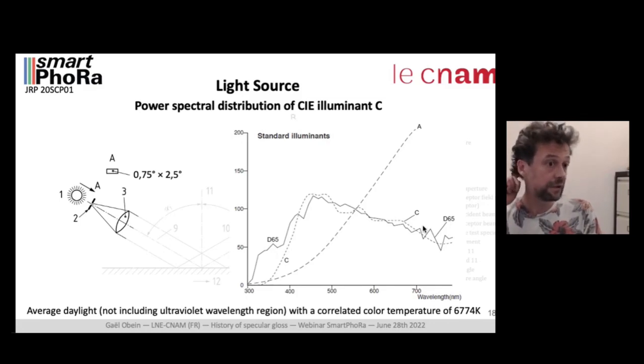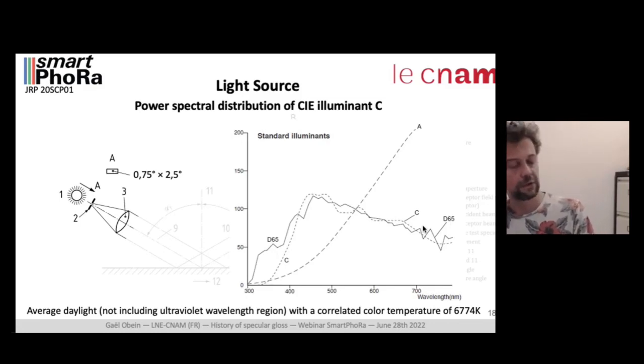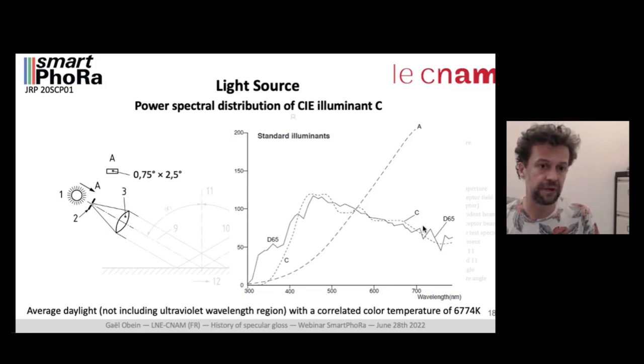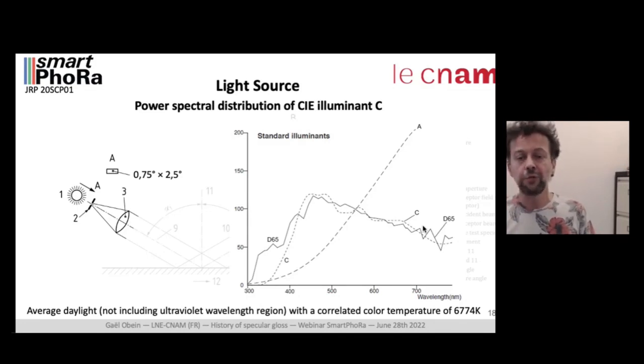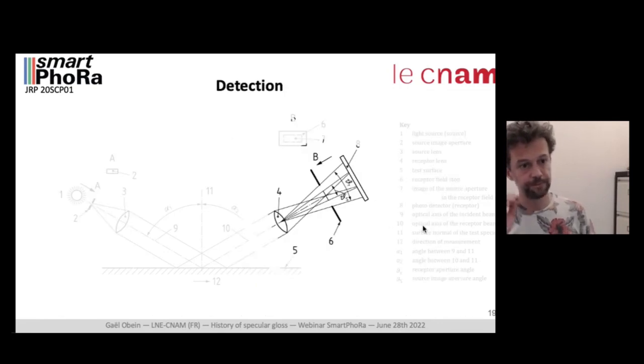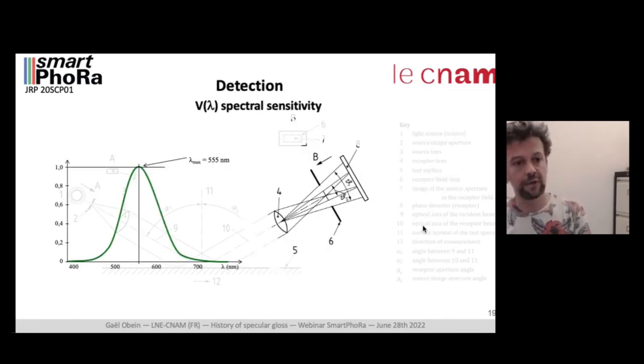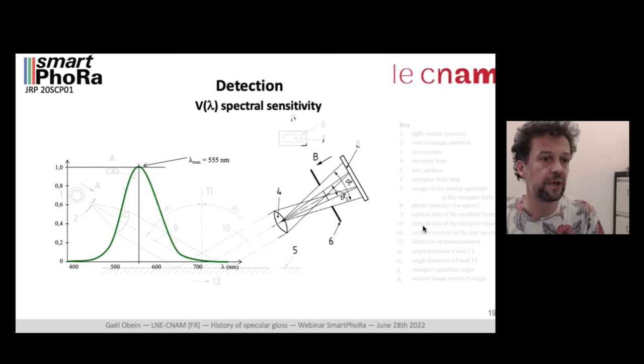And what I noticed is that in commercial instruments, this parameter is not really respected in a lot of gloss meters. But in fact, it's not that important, because gloss is not really sensitive to the color of the sample. So it will have, in fact, the spectrum of the light source. On the detection, you have to develop a V-lambda spectral sensitivity.